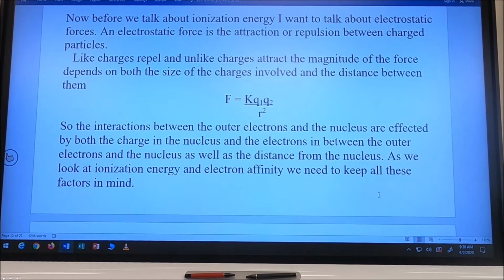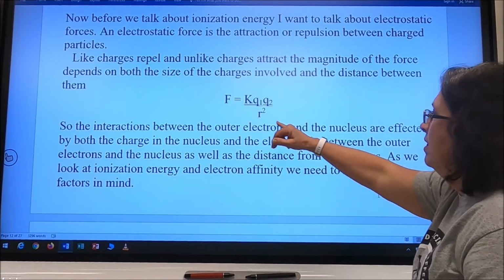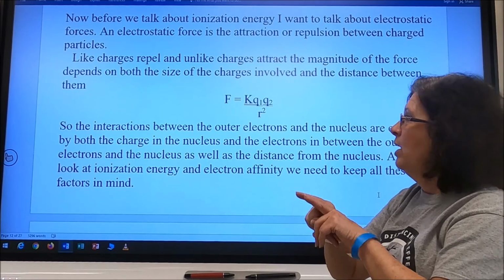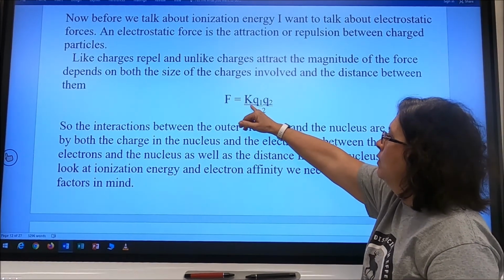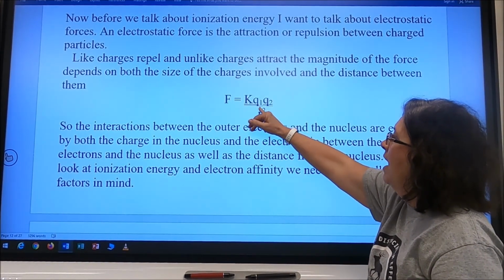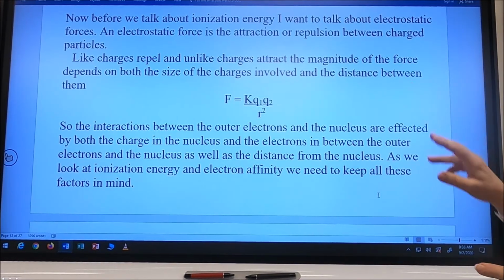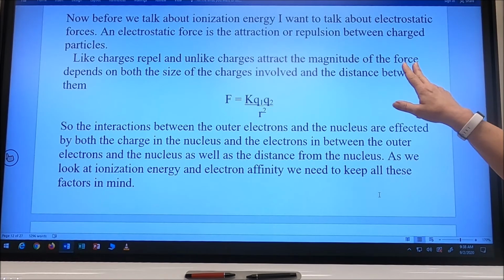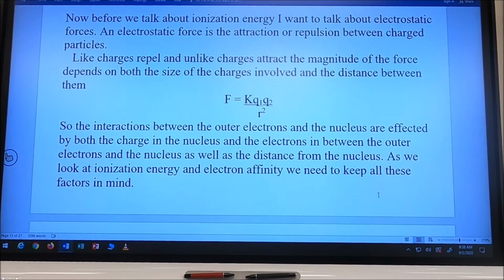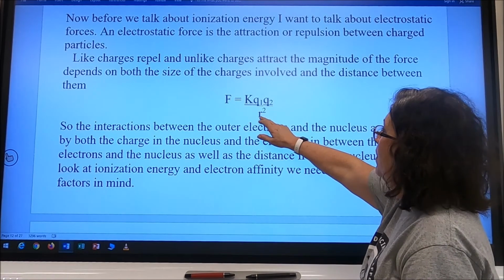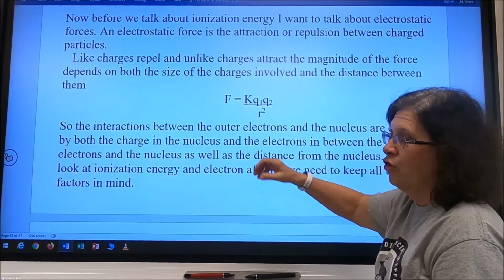Now don't panic, I'm not going to have you do a calculation with this, but the force between two charged particles is equal to a constant times the size of the two charges divided by their radius squared. So if the size of the charges go up, it gets harder to pull them apart if they're attracted to each other, harder to push them together if they're repelled by each other. And it also depends on the distance between them, r squared.